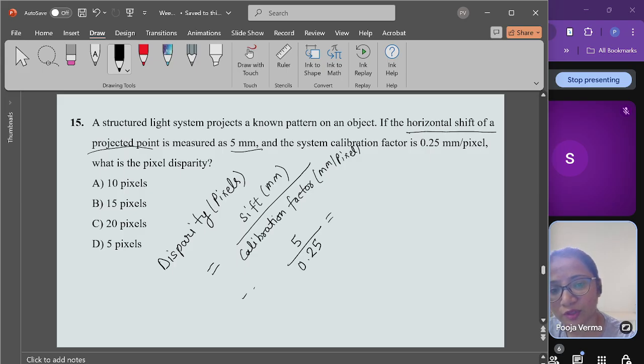If you just divide it, you will get 20 pixels. So option C, that is 20 pixels, is the correct option. If they ask about the pixel disparity for the structured light system, this is a simple formula: shift divided by calibration factor measures the pixel disparity. Okay, now moving to our next question.